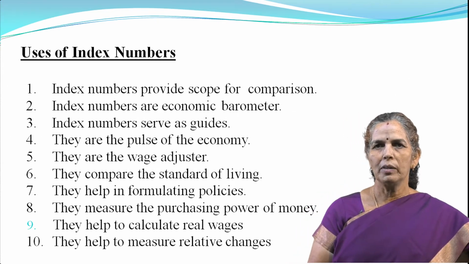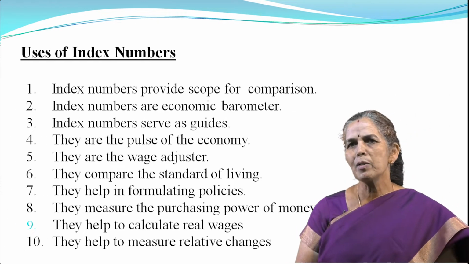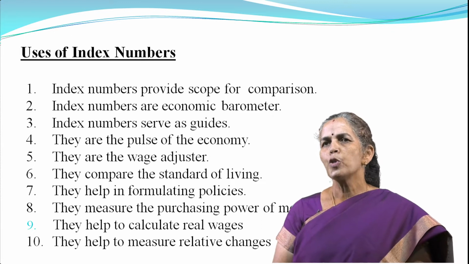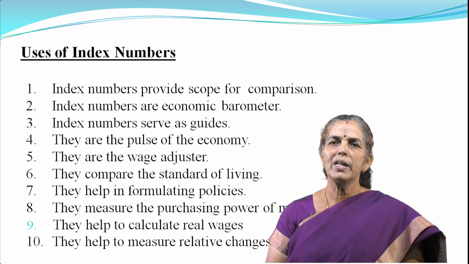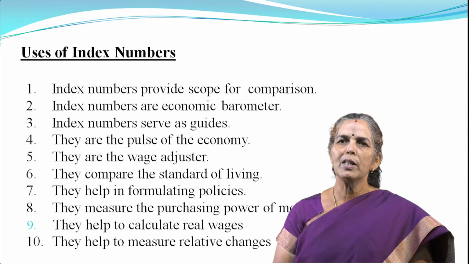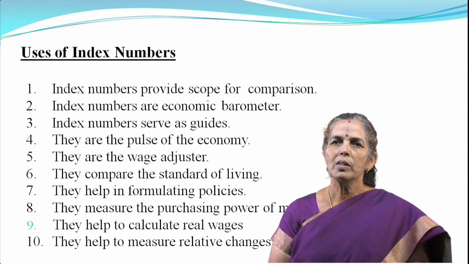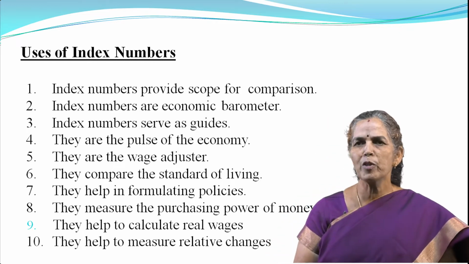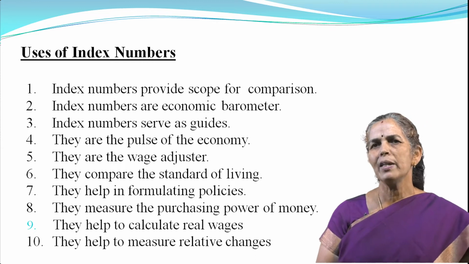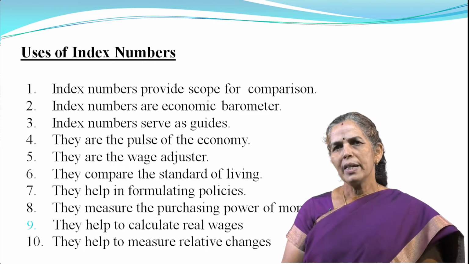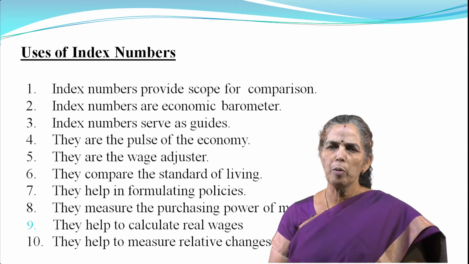Next, uses of index number. Number one, index number provides scope for comparison. For two sets of data, that is the people living in two different places, we can calculate index number based on which we can compare one group with another. Number two, the index numbers are economic barometer.